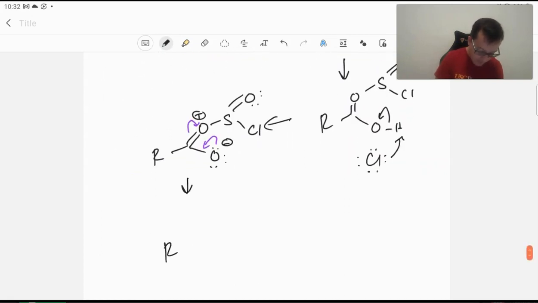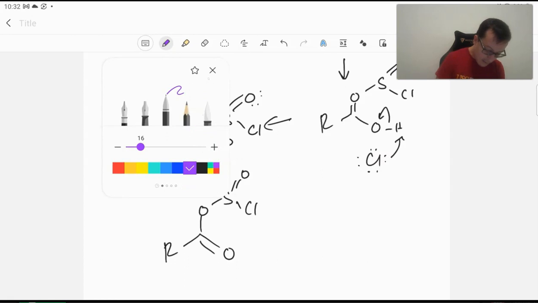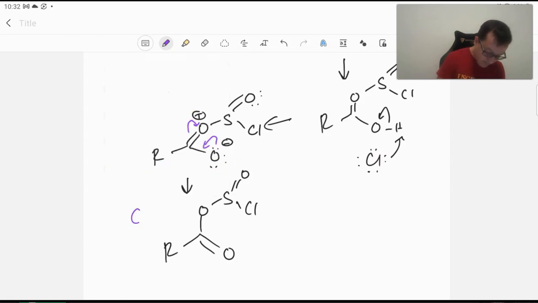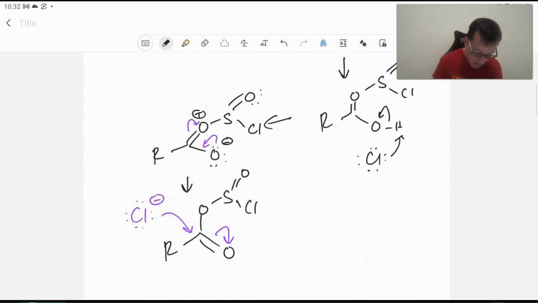We get finally this thing. Now we can have our chlorine attack. Opens this up. Could have had it attack the other time, doesn't really matter.